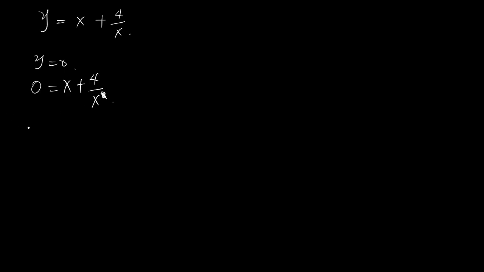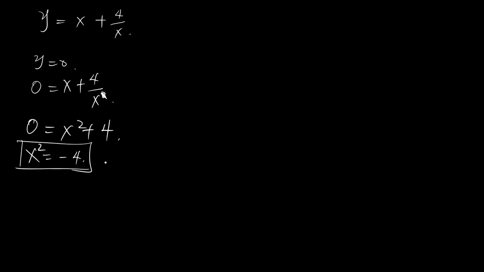So if you multiply all through by x, you have 0 is equal to x squared plus 4. Now, x squared is equal to minus 4. So this will give us an imaginary number. So there is no real root here.